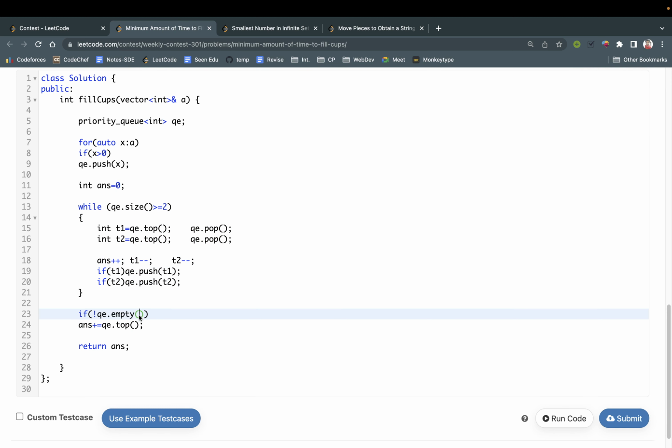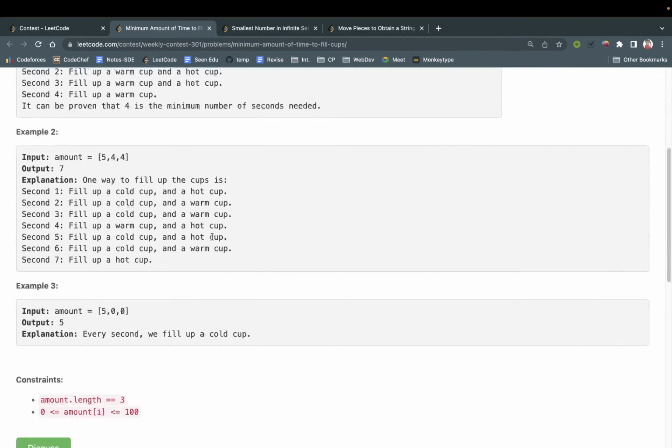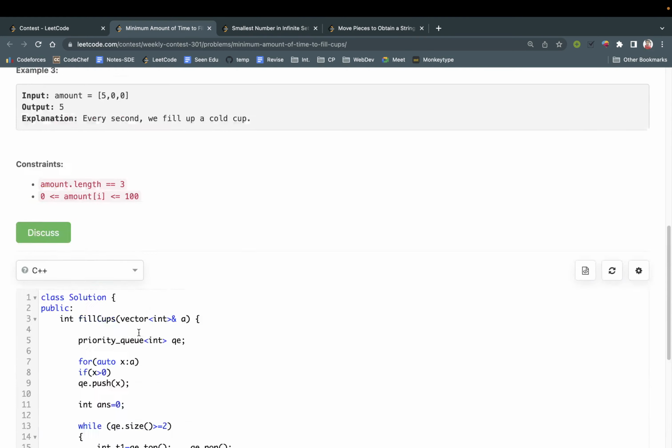So for the one size, I can only perform the single last operation, which is filling 1 cup of water of any type. We do not have any other option to fill 2 cups. So simply adding the amount of water that we left in the single cup, and returning the answer.